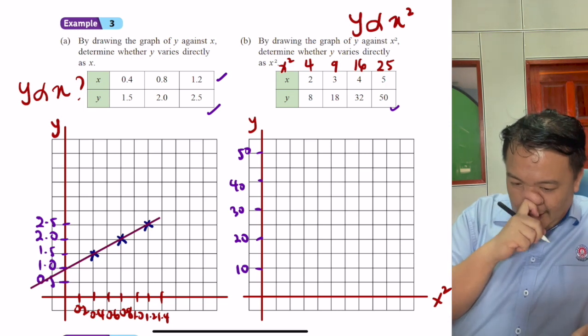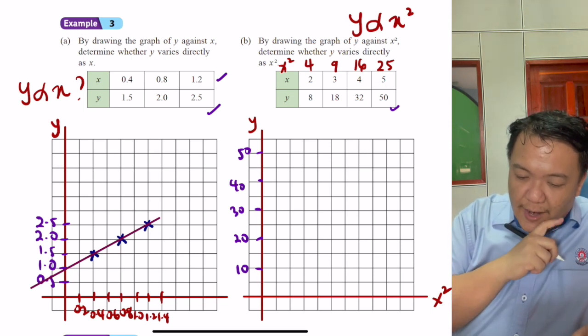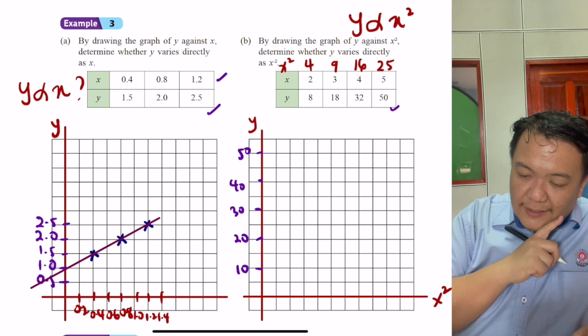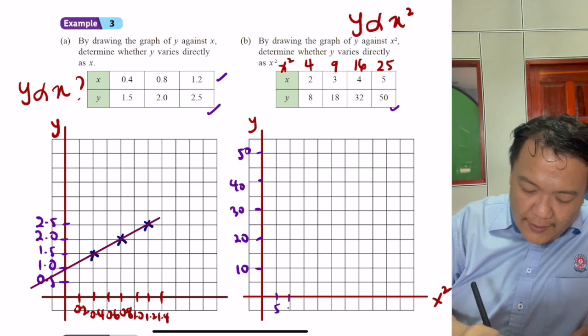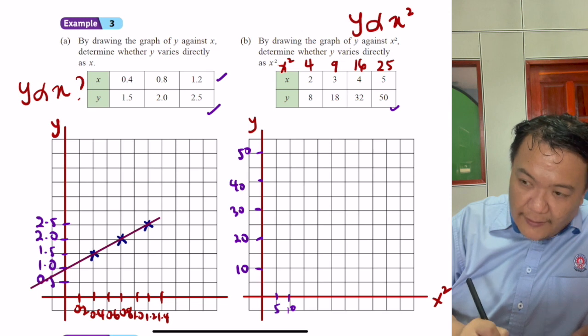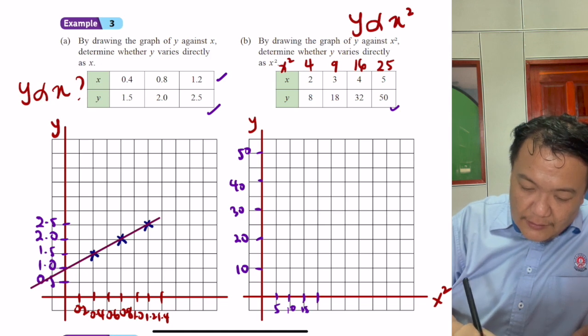Cukup. And then for x square, you have 4, 9, 16, 25. For example, I use 5, 10, 15, 20, 25, 30.